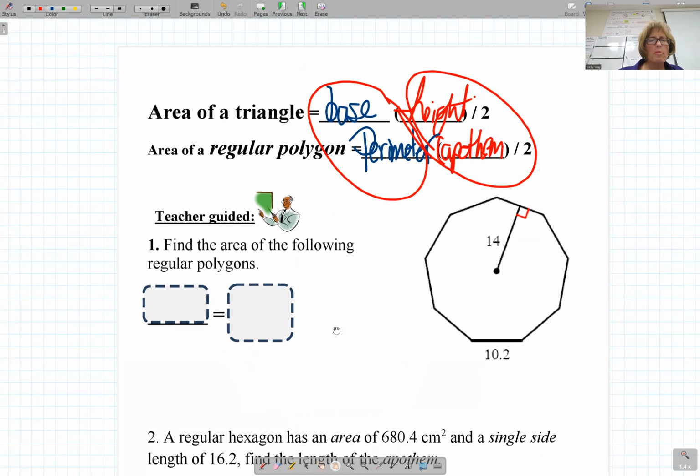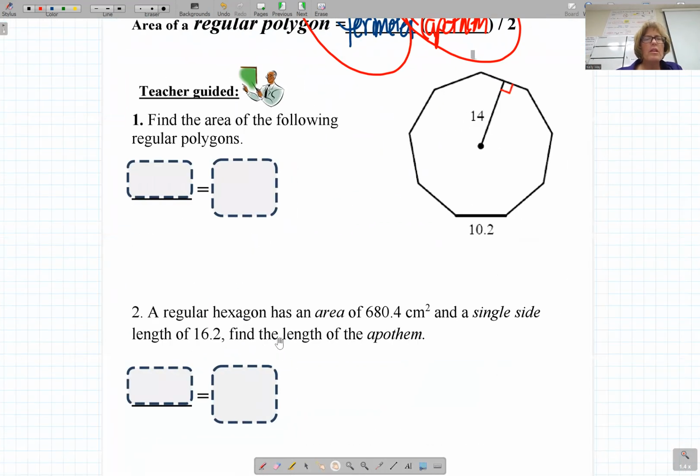Let's do a couple problems together. Find the area of the following regular polygons. You write your equation. Perimeter, trace it around.